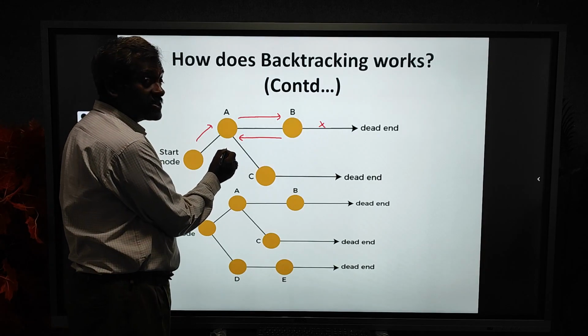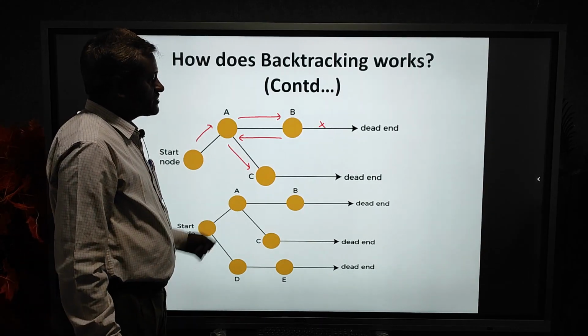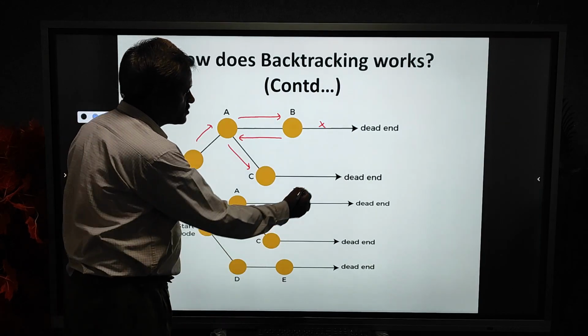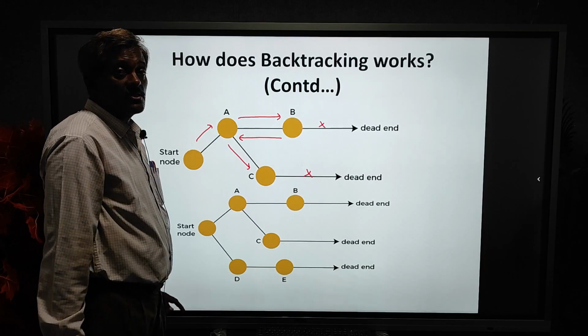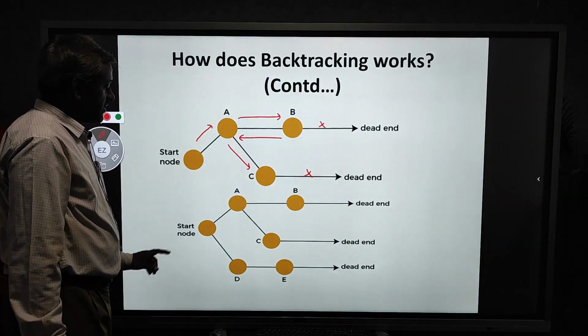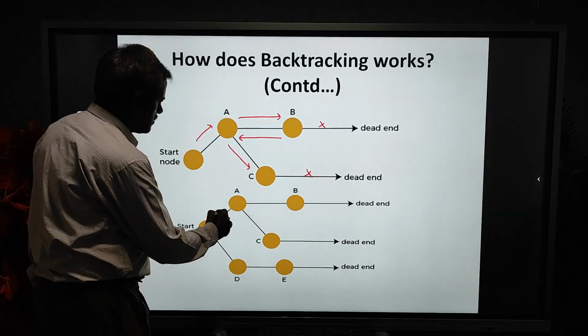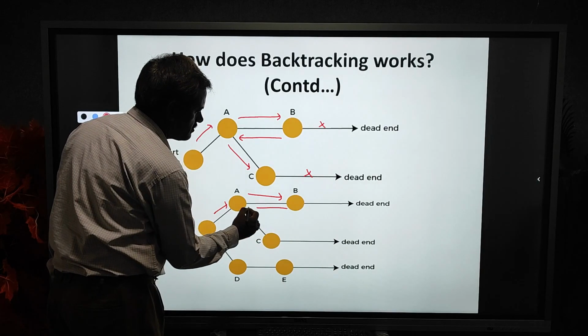Now I am going to check the solution in another direction. I have checked for C. Now this also becomes a dead end. This is the solution that I want, but I am unable to get it. Now moving to the next solution. Went to A, not possible.